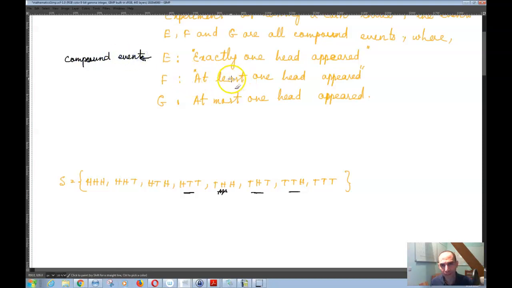Or, for example, at least one head appears. You can find this, this, this, this, this, and this. Again, more than one sample point, so you can call that a compound event.